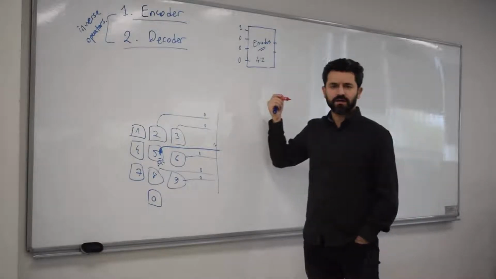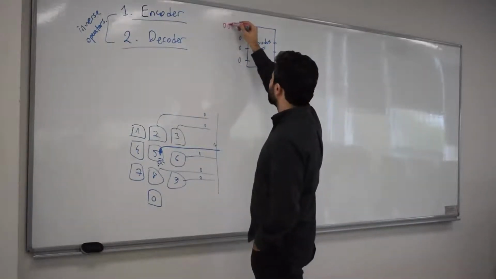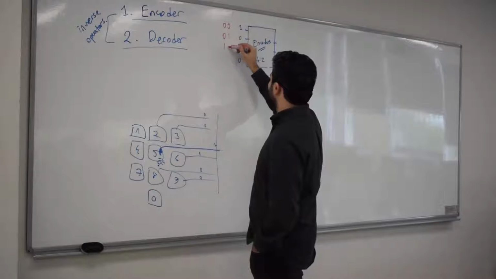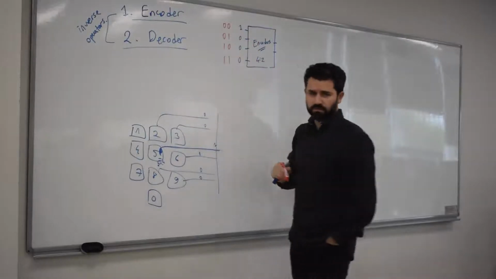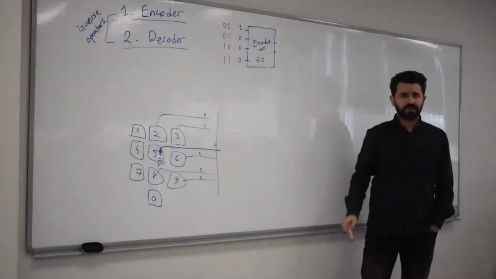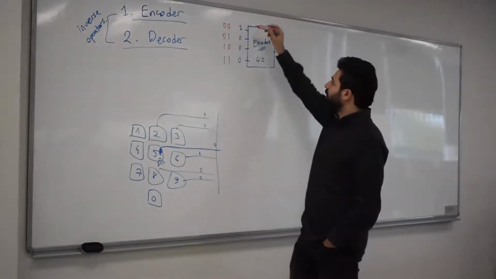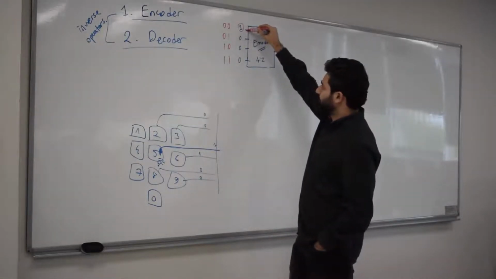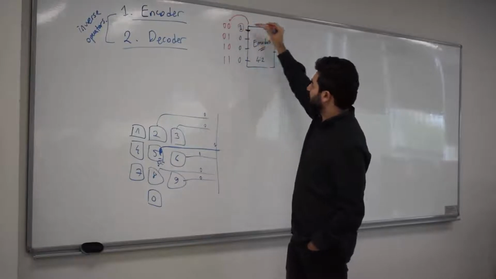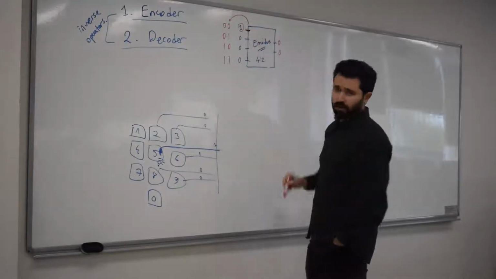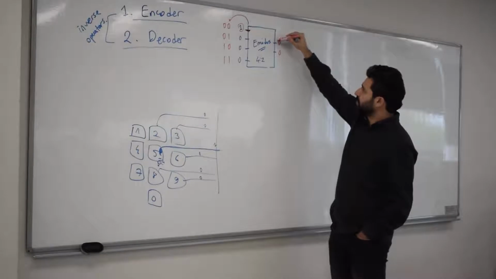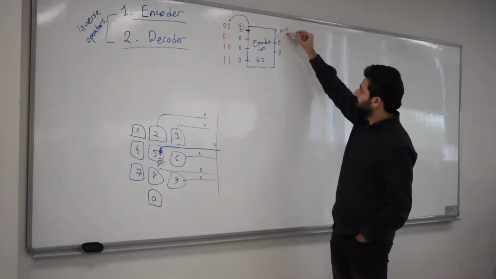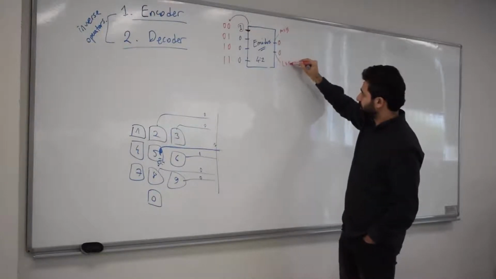But we usually use binary encoders, so this would correspond to 00, 01, 10, 11. Throughout the course, we will always use this kind of mapping. So if the encoder sees a 1 in the top input, it maps it to 00, so the output would be 00. This is the most significant bit. This is the least significant bit.